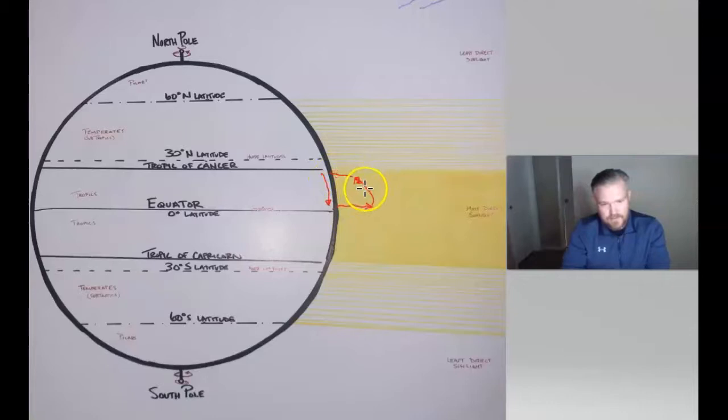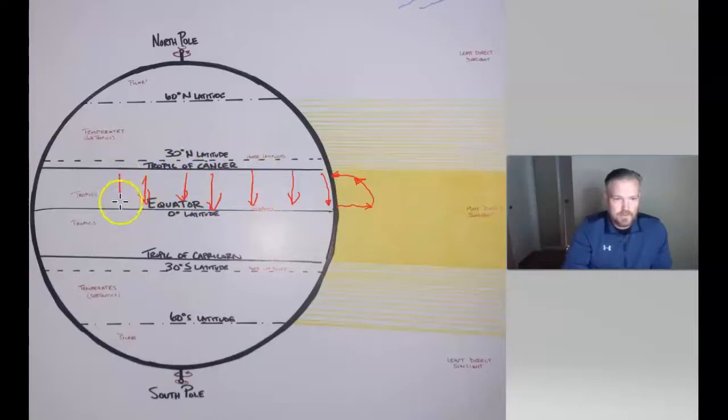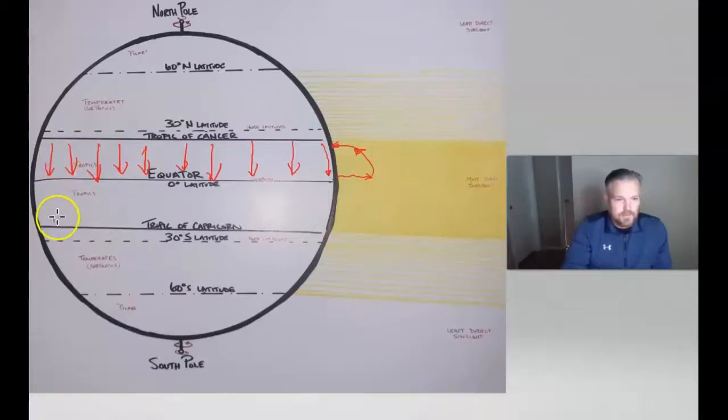If I can, let me fix that arrow right there. So it would basically do that right there, right? So if that's what's going on, then everywhere along the equator, and it's hard to see this in 2 dimensions, but everywhere along the equator, air would be rushing into the equator at the surface, right?